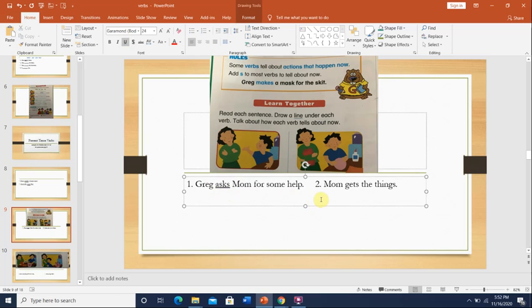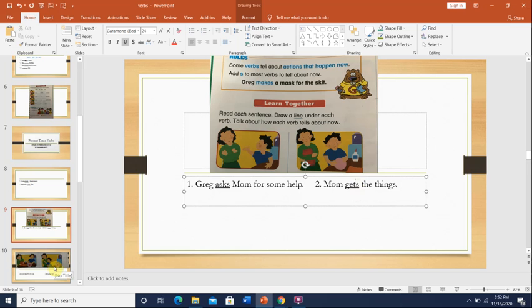Okay, number 2, Mom gets the things. What's the action here? Gets. Okay, and here we add an S to the verb because Mom is only one person, and to show that it's happening now.